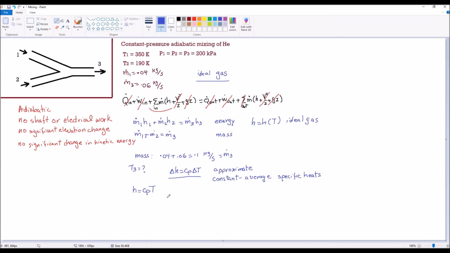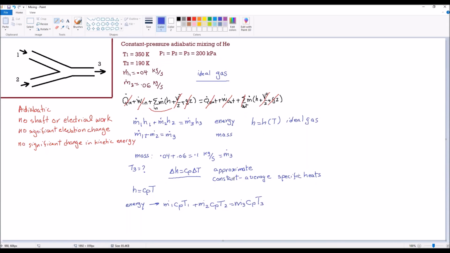In that case, the energy equation will result in m dot 1 Cp T1 plus m dot 2 Cp T2 equals m dot 3 Cp T3.